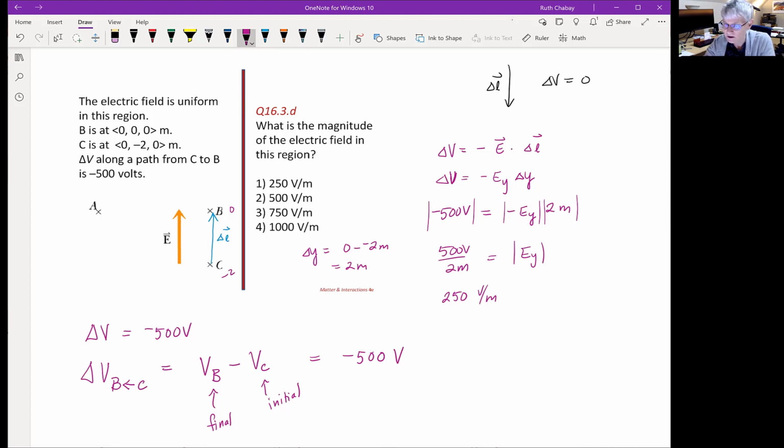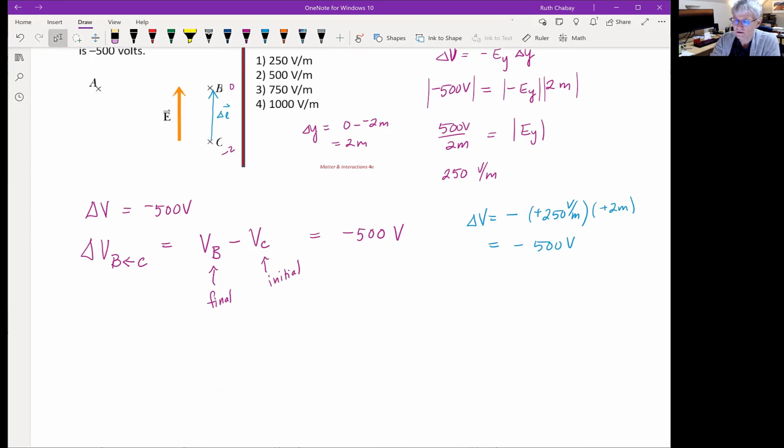We can make sure that works out by saying delta V is minus E sub y, which is a plus 250 volts per meter, the same as newtons per coulomb, it turns out, times delta y, which we already figured out is a plus 2 meters, so we'd get a negative 500 volts.